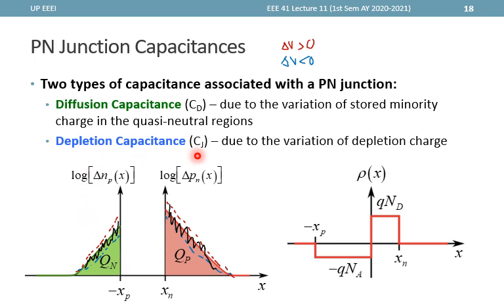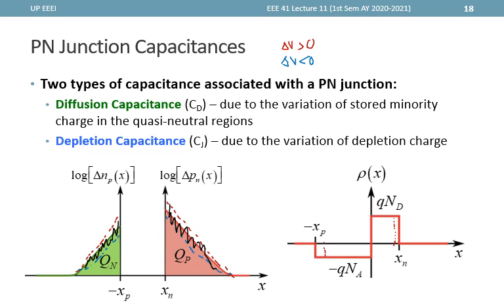Now, for the depletion capacitance, we'll denote that as CJ because this is related to the junction capacitance. So this is CD for diffusion capacitance. This is CJ for junction or depletion capacitance, which is due to the variation of depletion charge. Now, if we apply some positive delta V, then the depletion region should actually shrink by a little amount.